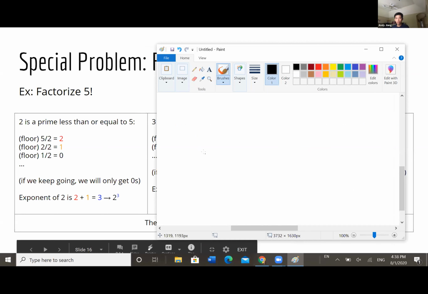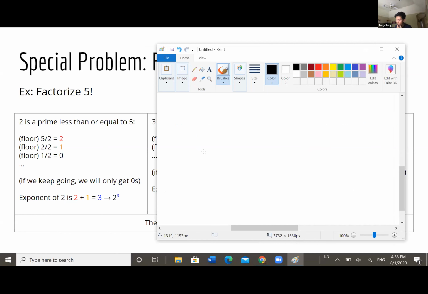Another note is that I wouldn't actually write all this out. In my head, I would be doing 5 over 2 is 2. I divide that by 2, I get 1. And then I just sum those up and I get 3. So I wouldn't actually write out all of this.